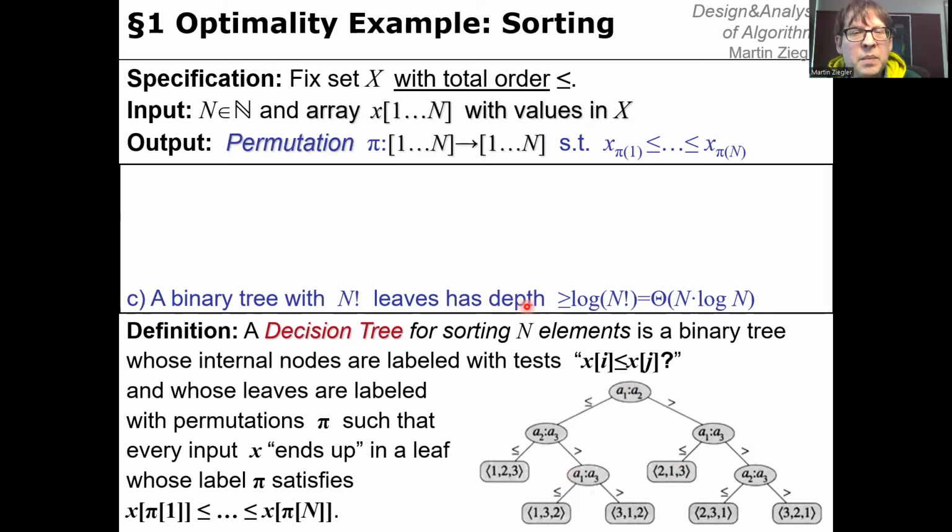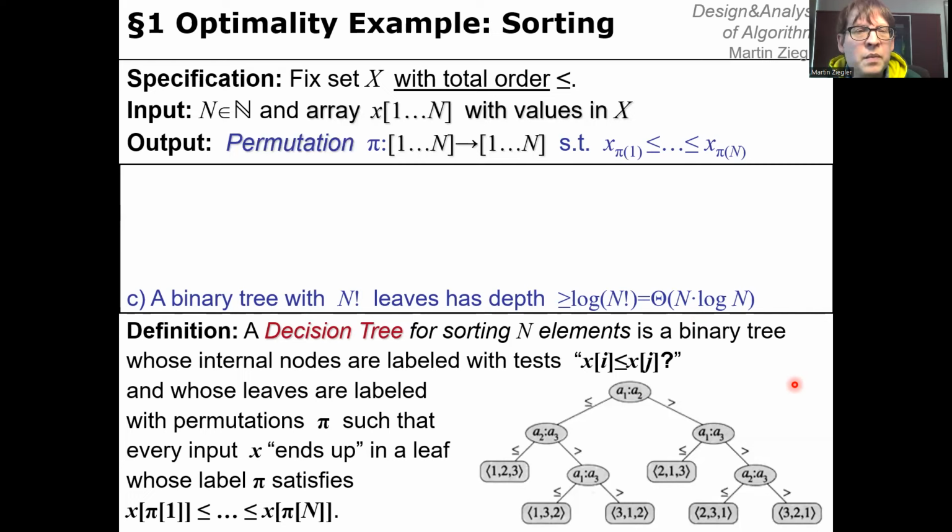And if this has depth d, then at depth d, there can be at most 2 to the d nodes. But by hypothesis the tree has n factorial leaves, so solving means that the depth must be at least the binary logarithm of n factorial. And now we invoke Stirling's approximation, which says that the logarithm of n factorial is asymptotically the same as n log n.